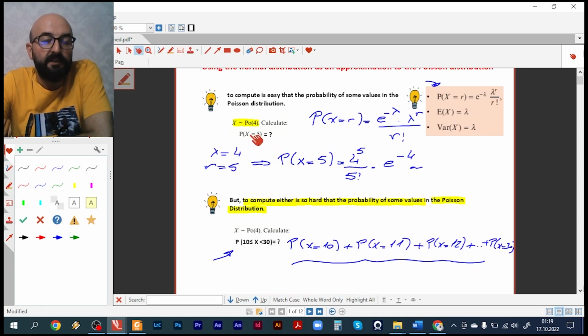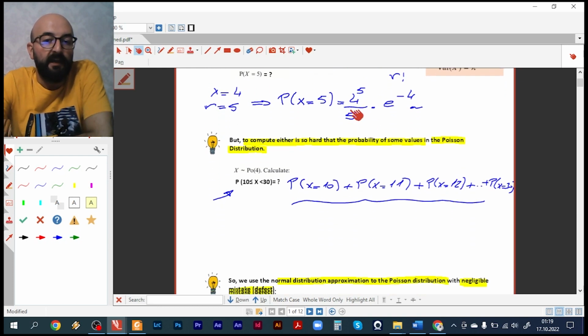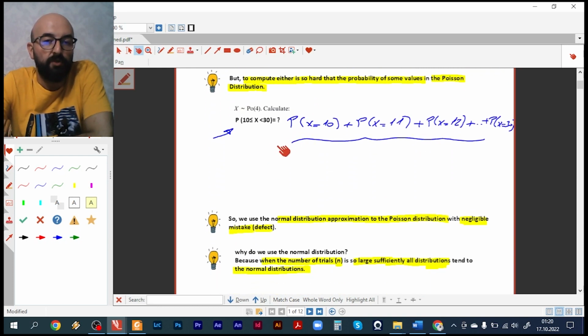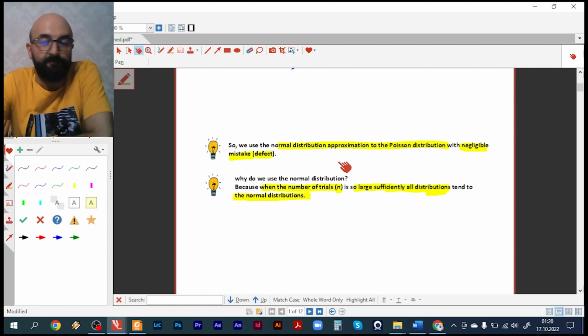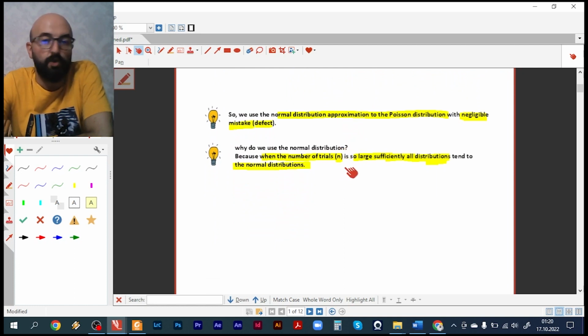For example, if you want the probability of an exact value in the Poisson distribution, you can use the Poisson distribution formula. But if you want the probability of a lot of values, you can use the normal distribution under some situations.